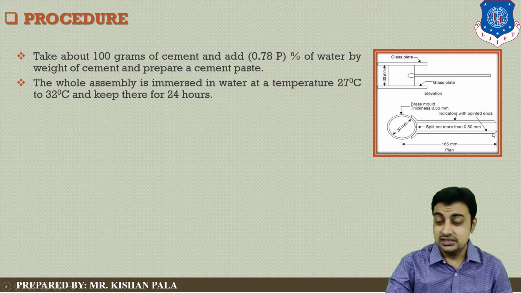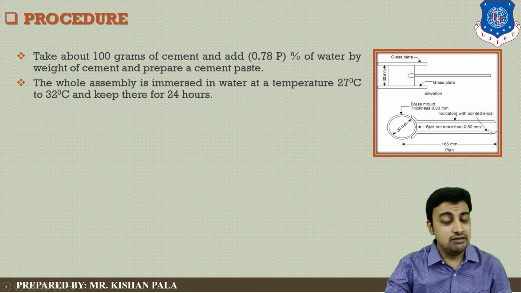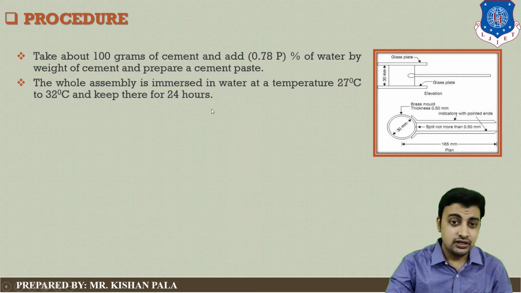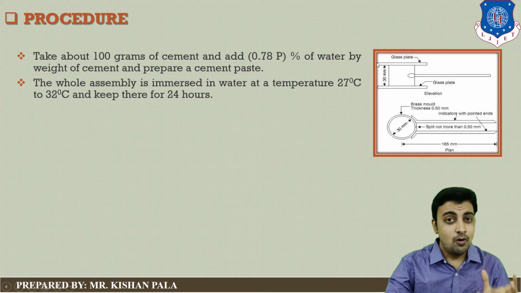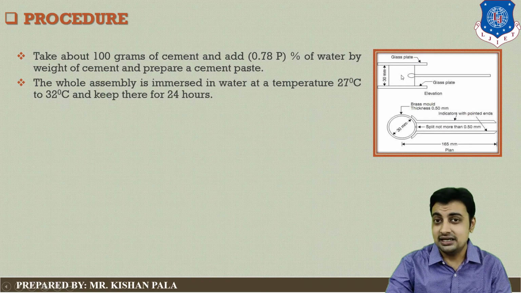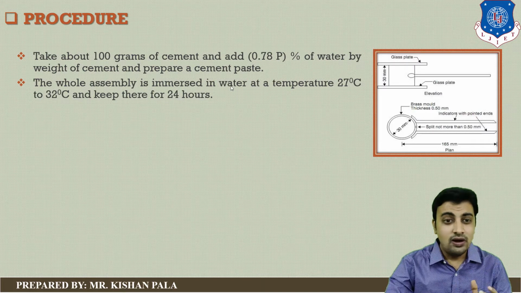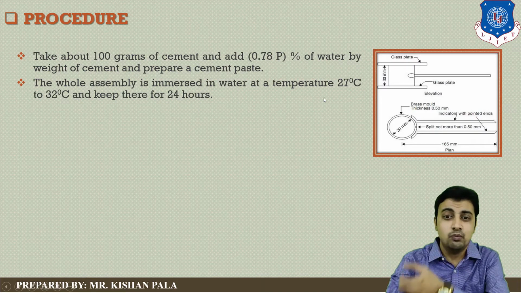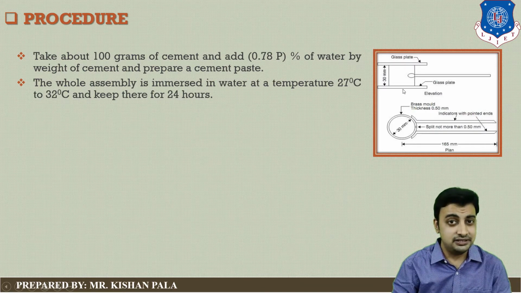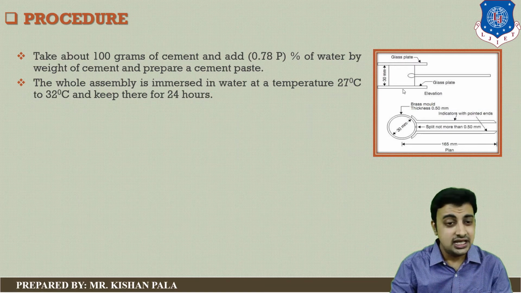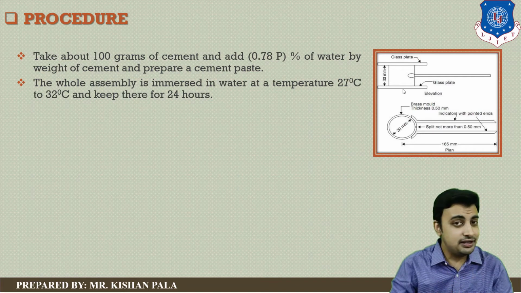With these indicators, we can easily find out the expansion of the cement mass. First of all, after placing the paste in the Le Chatelier apparatus, the whole assembly is immersed in water at normal temperature, which is 27 degrees Celsius to 32 degrees Celsius, and kept for 24 hours.